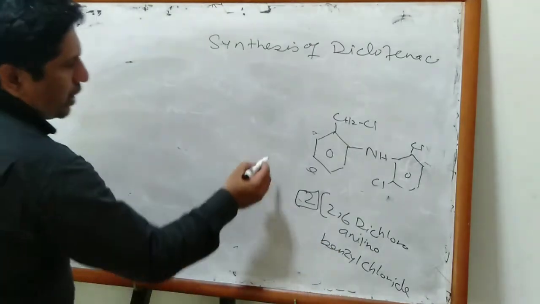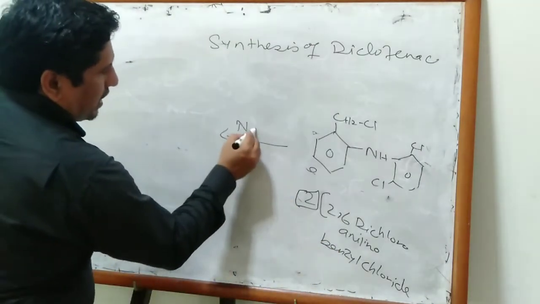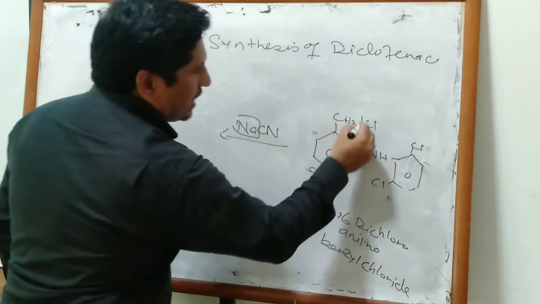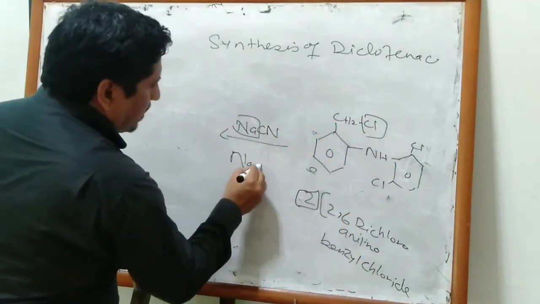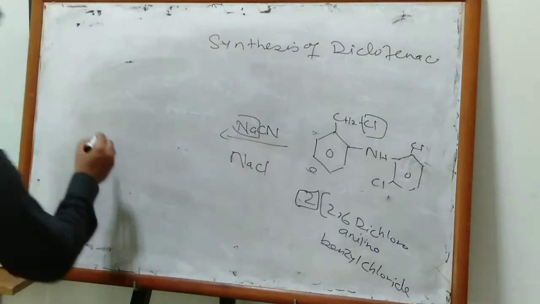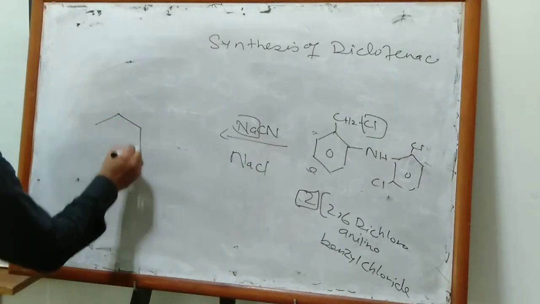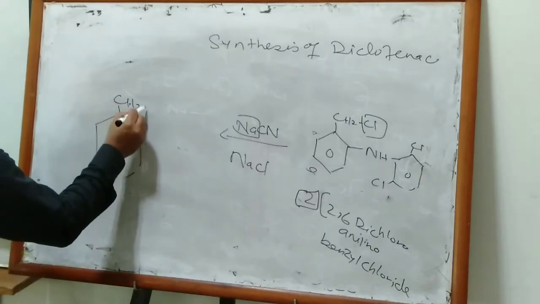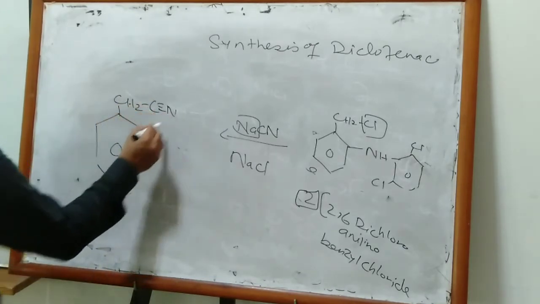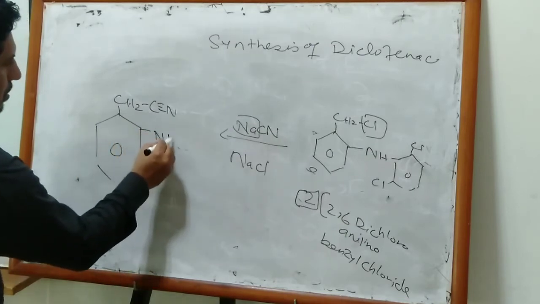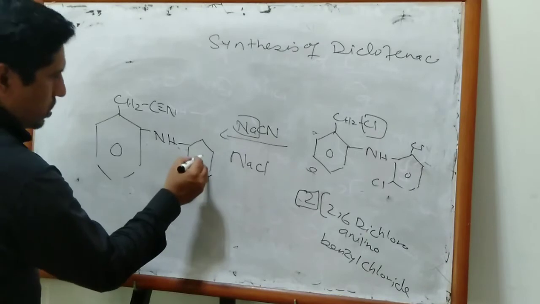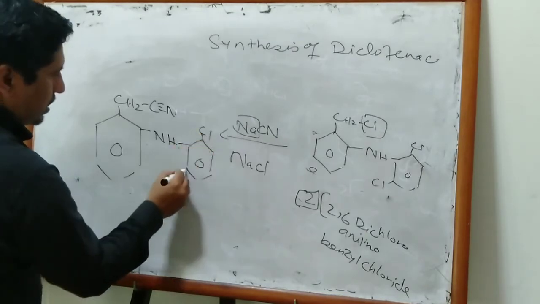When that 2,6-dichloroanilino benzyl chloride is reacted with sodium cyanide, NaCN, sodium will react with Cl and sodium chloride will be removed as a byproduct, and the CN group will get attached: CH2, C triple bond N, NH, Cl.